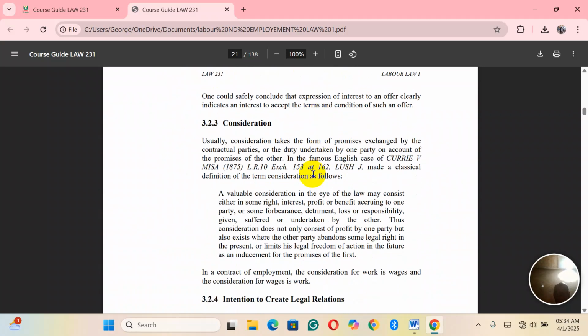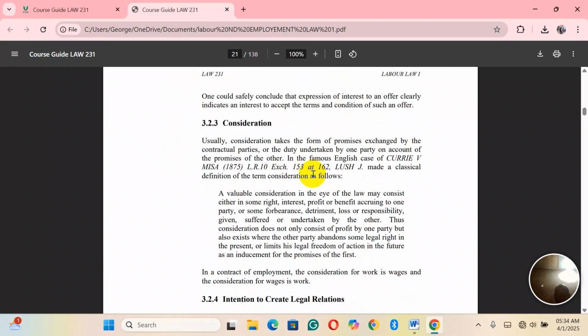Then consideration. Consideration takes the form of promises exchanged by contractual parties, or the duty undertaken by one party on account of the promise of the other.